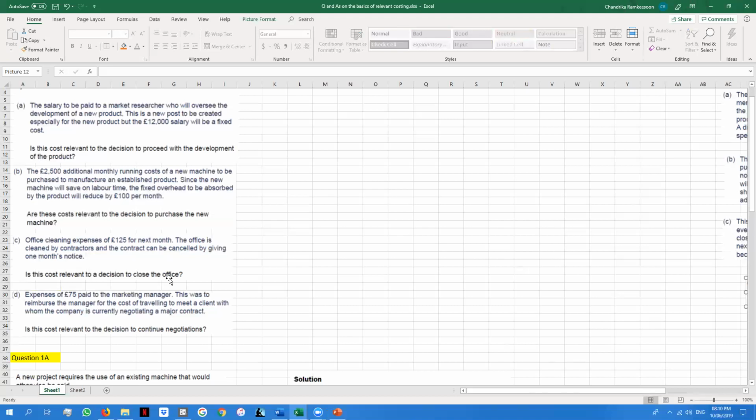What that means is that the decision to close down the office can be taken today. But since the 125 would already have been committed for the next month, because a whole 1 month's notice has to be given, it cannot be changed. It will not be affected as a result of the decision.